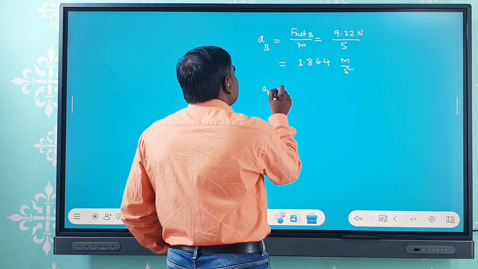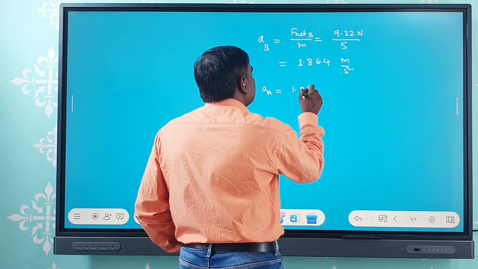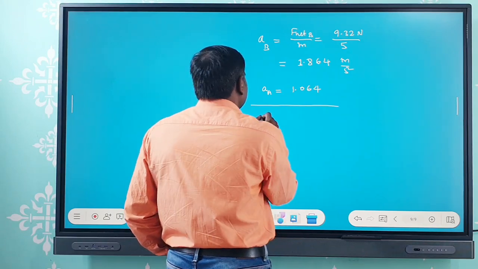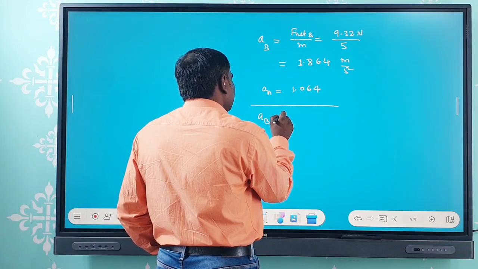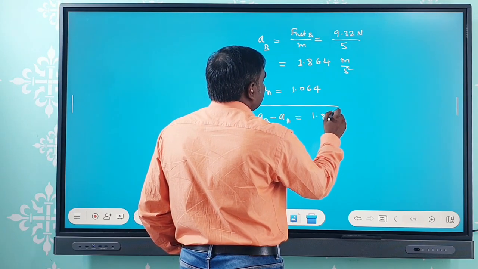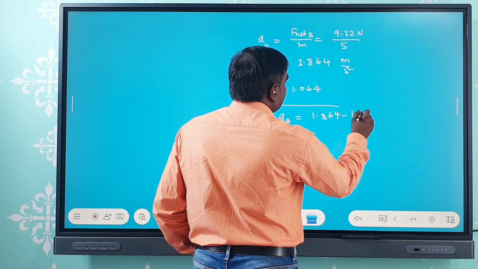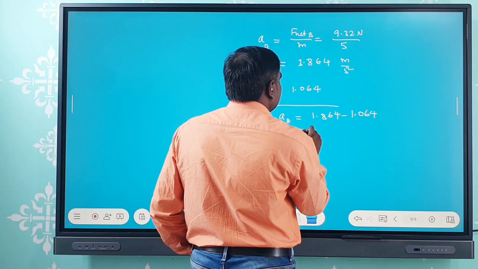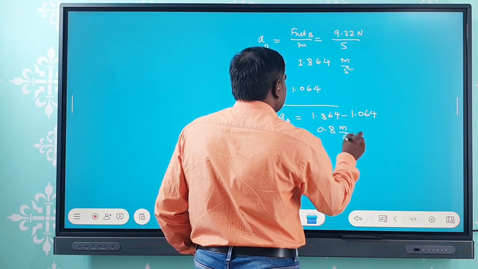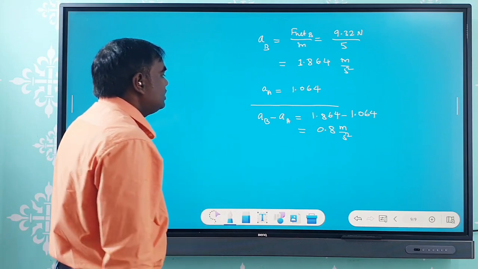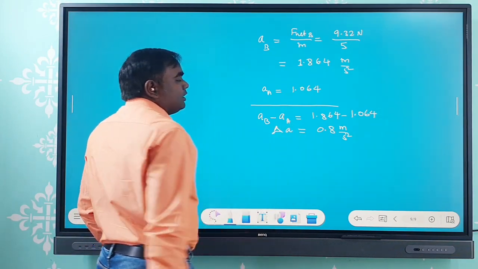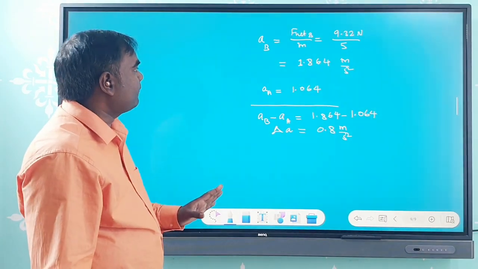And aA is equal to 1.064, right? So if we get aB minus aA, that is 1.864 minus 1.064, we get 0.8 meter per second square. So बच्चों, this is the difference in acceleration in case of A and B.